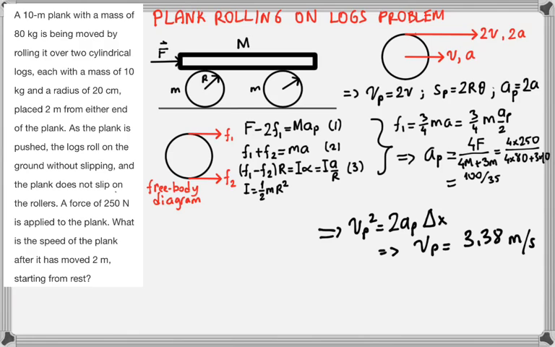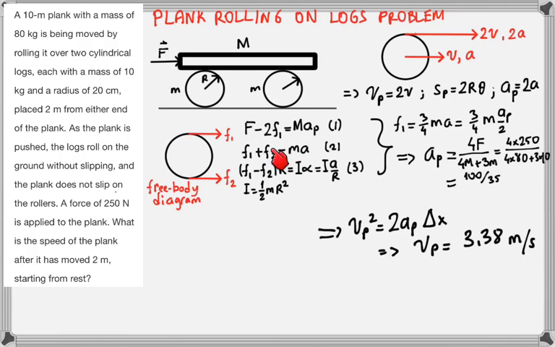F1 is the static frictional force between the cylinders and the plank. It's not a kinetic frictional force because the point that touches the plank is not sliding, right? So this is the first equation, and I think we have no difficulty realizing this, it's just Newton's second law. But the acceleration is the acceleration of the plank, not the acceleration of the center of mass of the discs or cylinders.